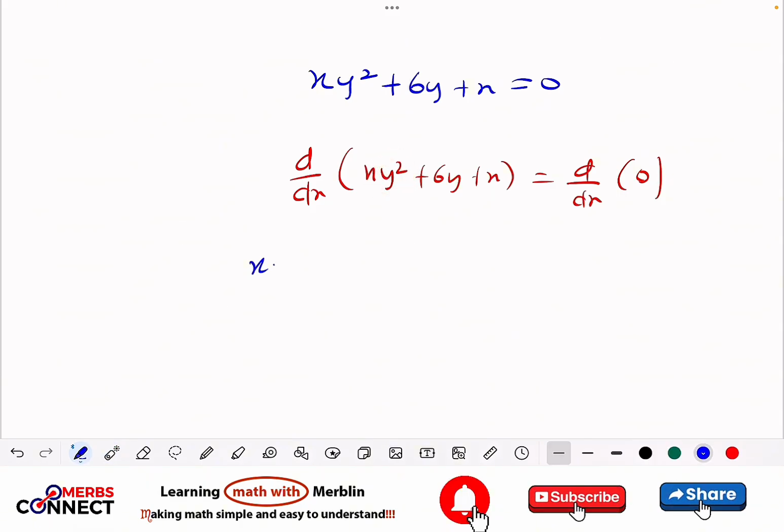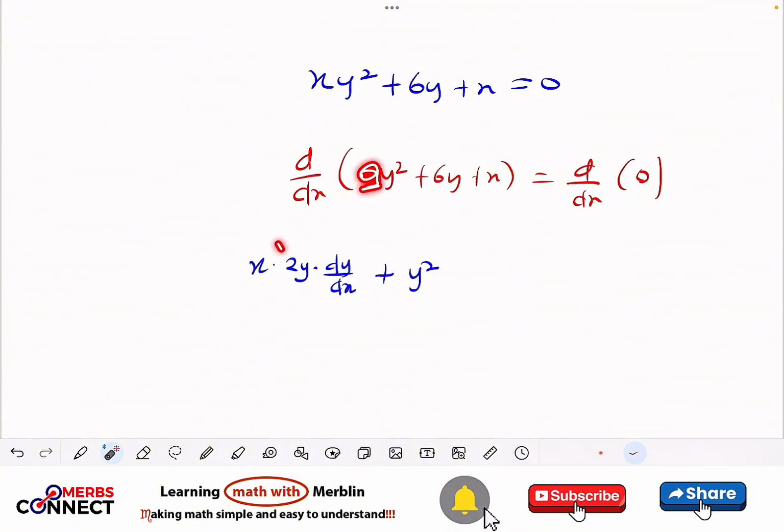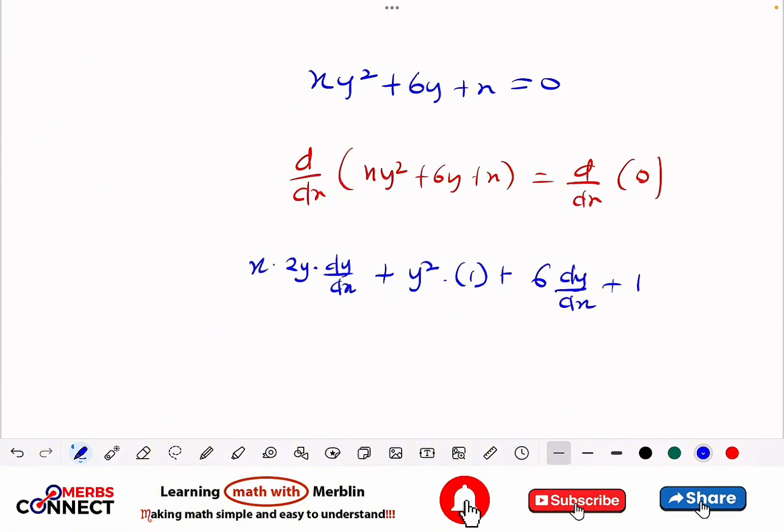When I differentiate y squared, I'm going to have 2y times dy/dx, because this is y. Plus, now I need to maintain y squared and differentiate x, so this is going to give us times 1. Then differentiate 6y, and I'm going to have 6 dy/dx. When I differentiate x, I get 1, and then differentiating 0 gives 0.